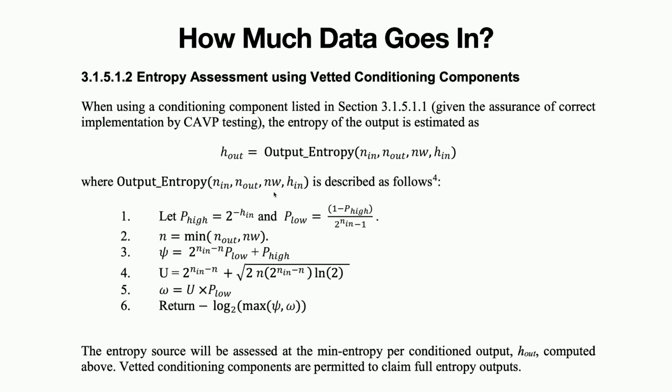If that's AES, the answer is always 128. If it is SHA, it will vary based on which version you're using: SHA-256, SHA-384, SHA-512. Some of those will have different internal widths. And then entropy in. Let's say you had 1,000 bits in, but it was 50% entropy; you would have 500 bits. So this function is purely a function of these things.